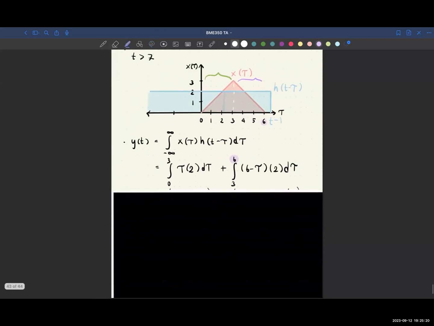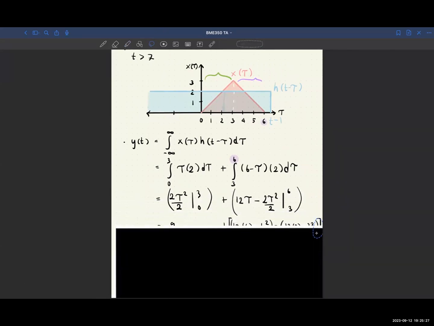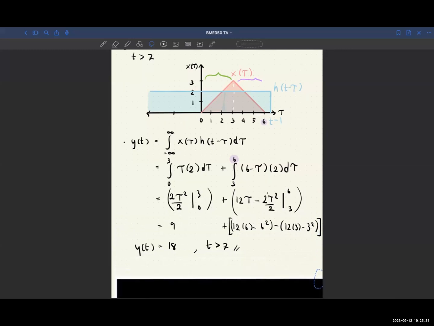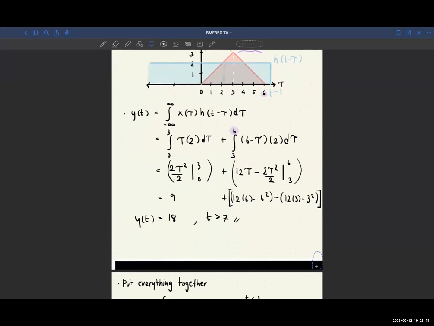And we're going to solve the equation just like we did in the previous cases, and we're going to get a whole number here. After we solve everything, we get y(t) equals 18. Do you remember what Will mentioned? Why is the full overlapping case just a whole number like this, with no more variable t?